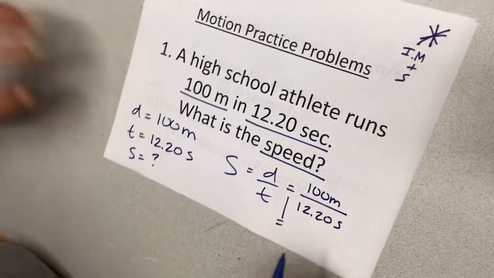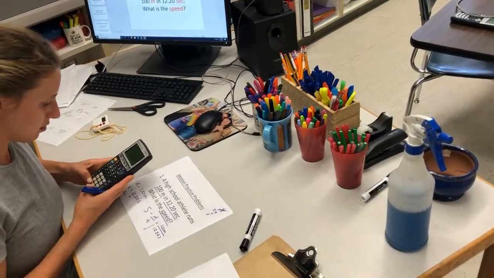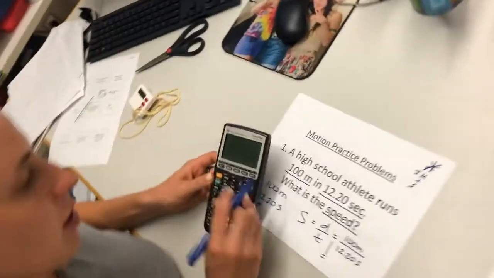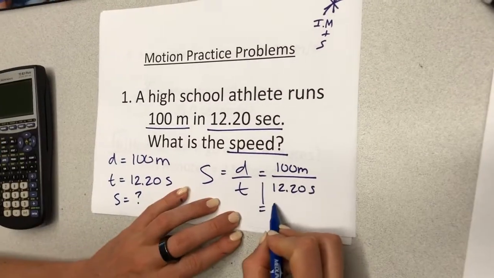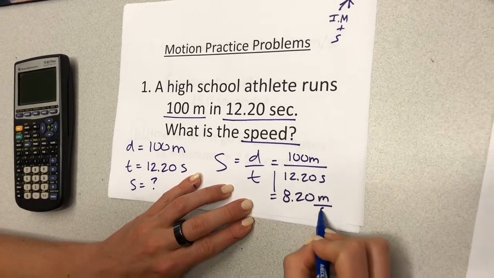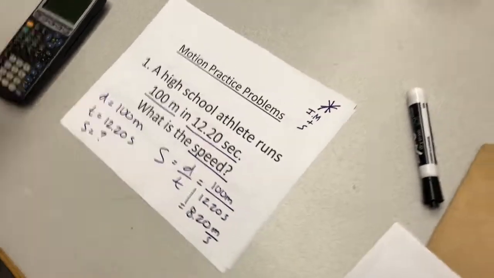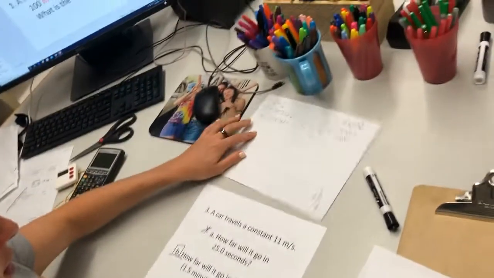If I plug that into my calculator, I get 100 divided by 12.20, and I'm going to call it 8.20 meters divided by seconds. Sweet. All right, so I'm going to put that over here.